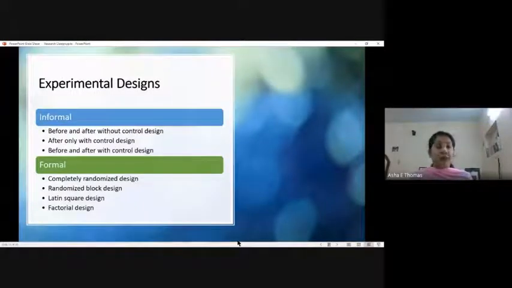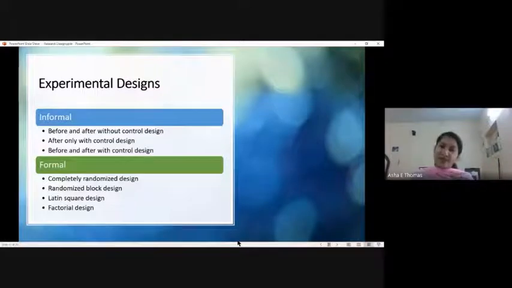Informal may be acceptable, but when we are going with outputs or implications which need acceptance on a wider range, to make some alterations in our existing system, then we have to see that we are going with a formal design.